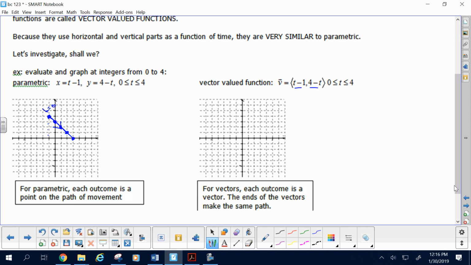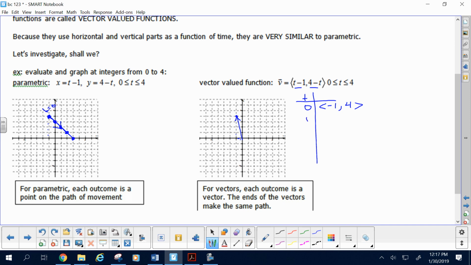However, when I put in a time of 0, I don't get out a point, I get out a vector, which is to say I get out the vector <-1, 4>, right? You with me? Now, assuming we draw from initial position or put the starting point at the origin, then my first vector is this.